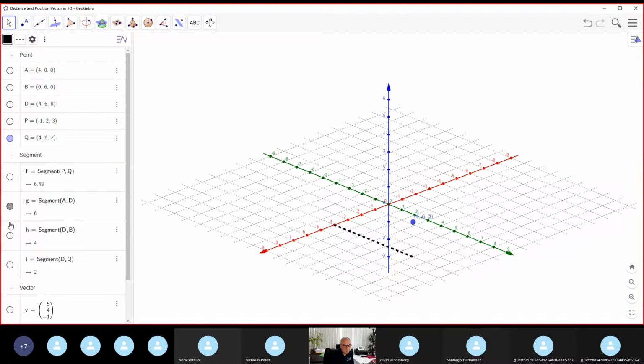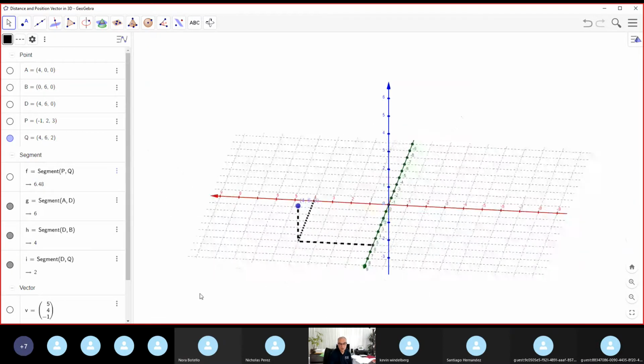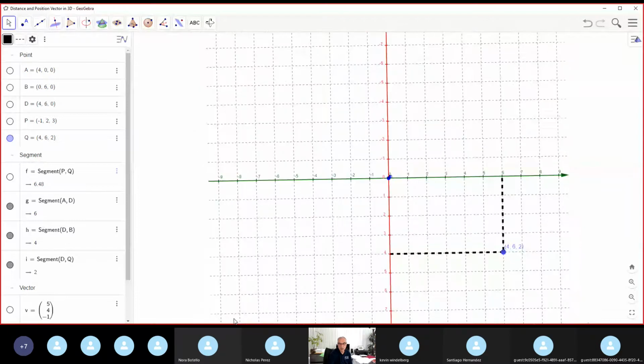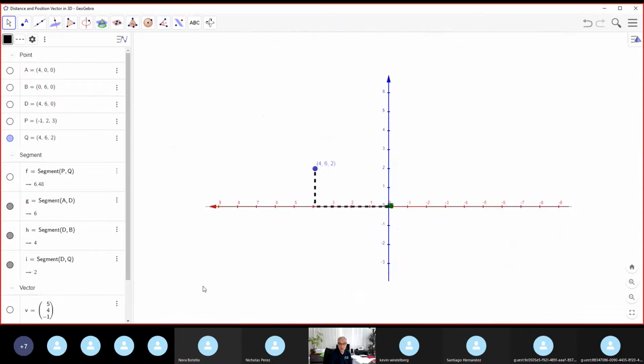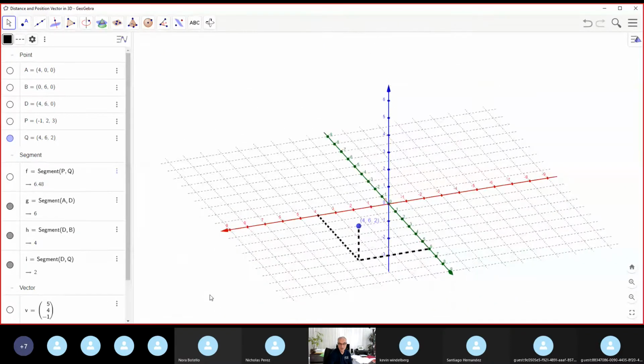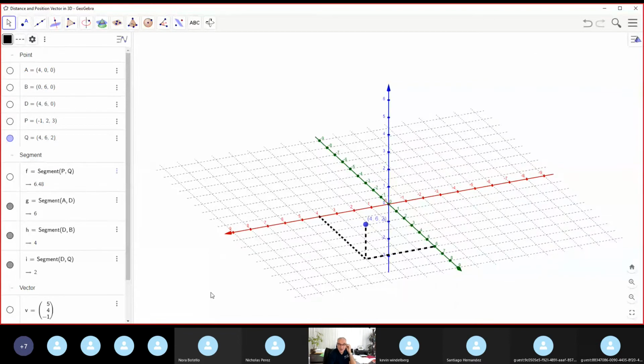The second component is 6, and the third component is 2. Do you see? Let me rotate to see. Wow, look at that. This is the 2D picture in which you don't see the z-axis clearly. So the component x is 4, the component y is 6, and the component z is 2. That is the height. Clear now? Do you understand how you are plotting any point?